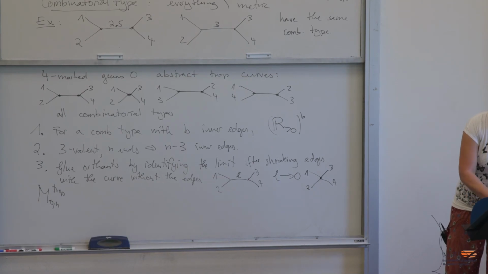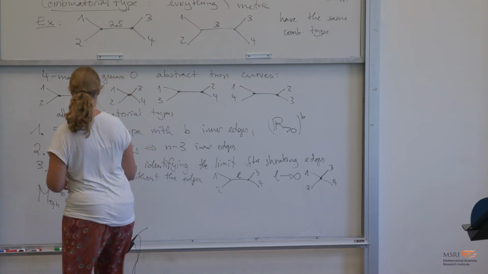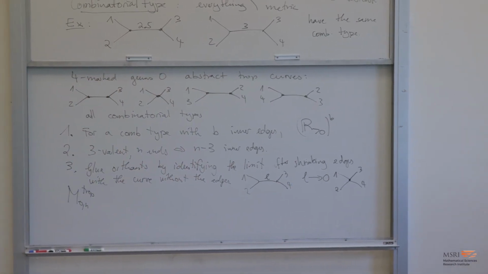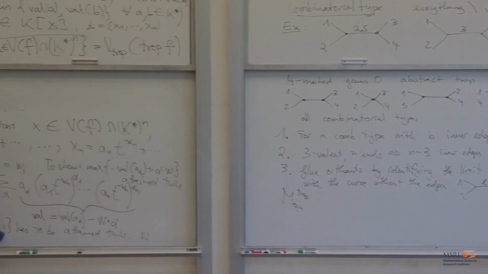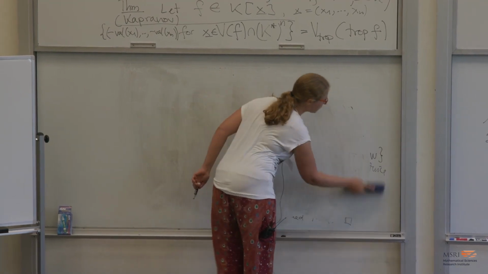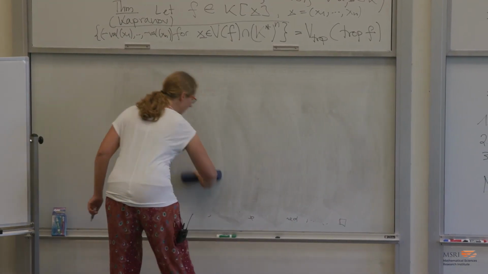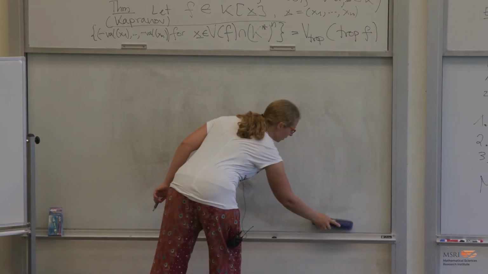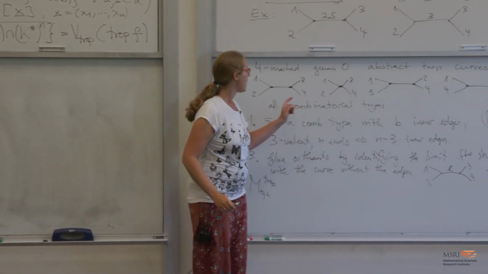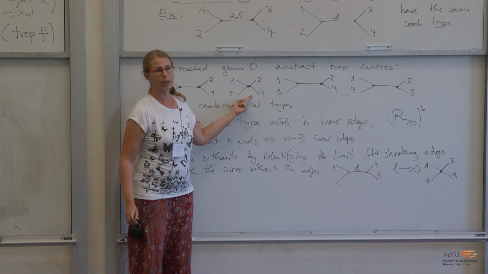So let's do an example. Yeah, I actually need more space for being able to do an example. Let's discuss M04 trop. This will be easy now because we already prepared, because we listed all the combinatorial types in M04 trop. Yeah? And now one is special because that one doesn't have any bounded edge.